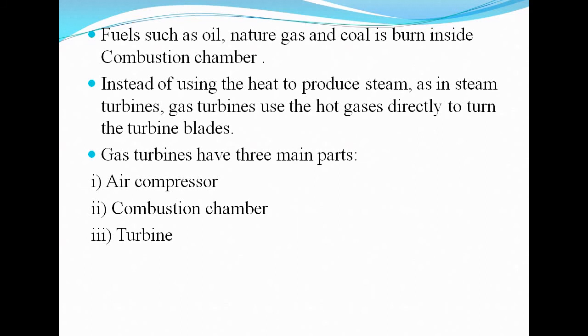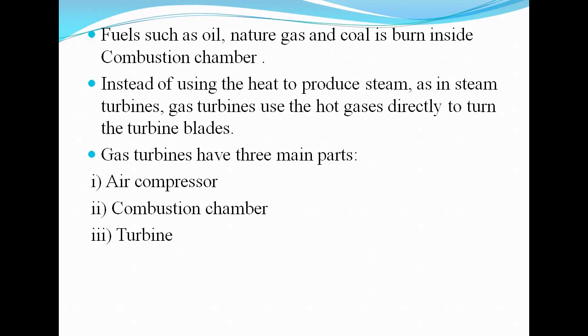So instead of using the heat to produce steam as in a steam turbine, a gas turbine uses the hot gases directly to turn the turbine blades. So the turbine blade should have sufficient strength to withstand the temperature of hot gases. That is the difference between this turbine used in a gas power plant and other turbines.